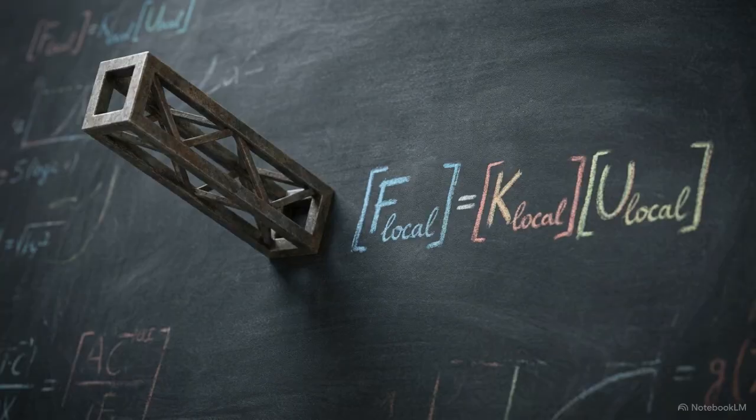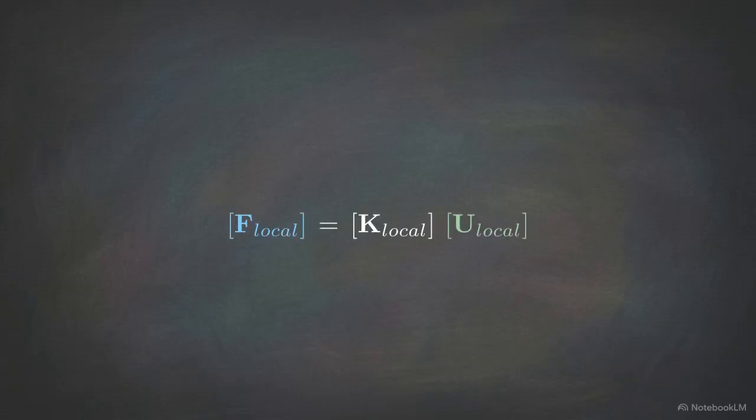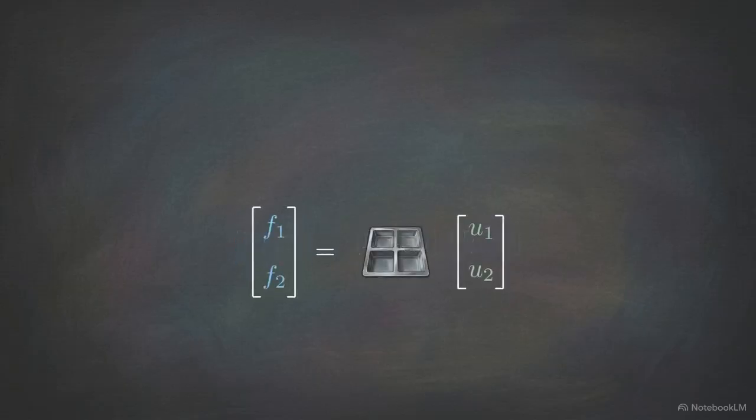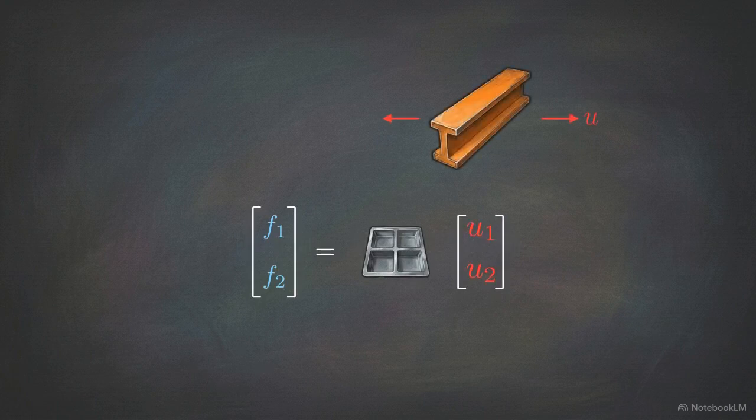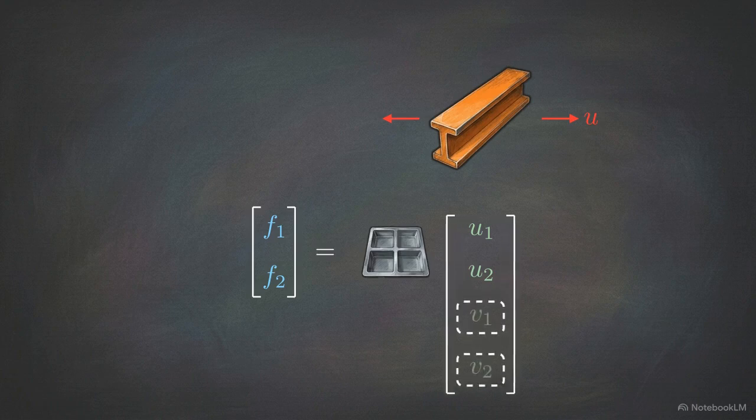We begin with the fundamental equilibrium equation for a local element. Local forces equal local stiffness multiplied by local displacement. In its simplest form, a bar uses a 2x2 stiffness matrix acting on a 2x1 displacement vector. The variables u1 and u2 represent the longitudinal displacements at each node, but this vector is missing the lateral displacements, v1 and v2, which correspond to the local y-axis.